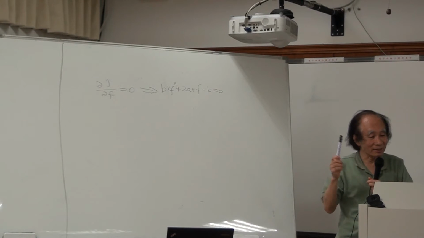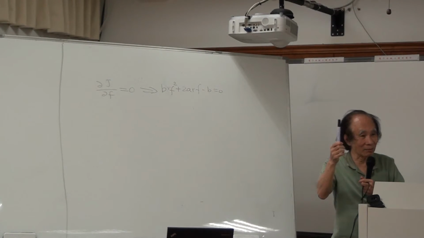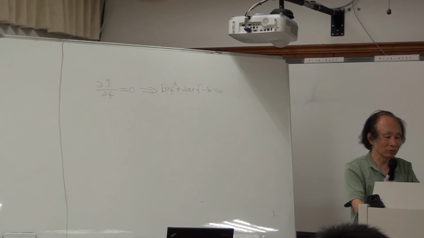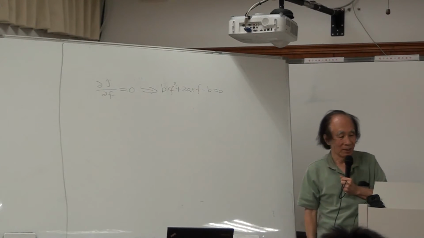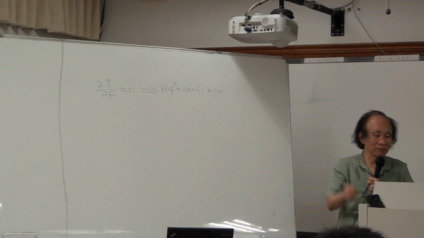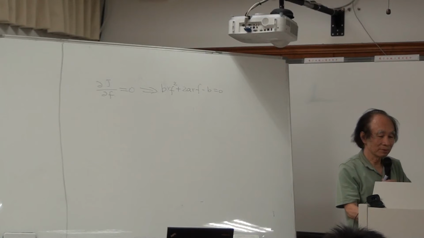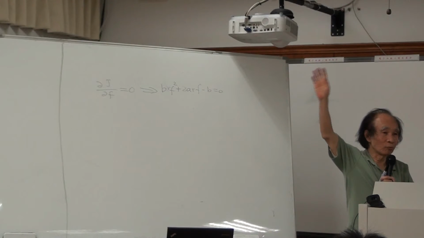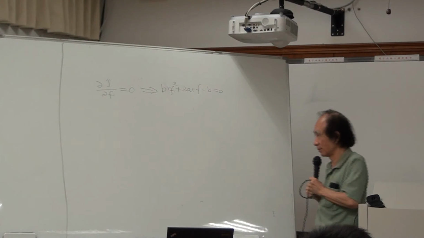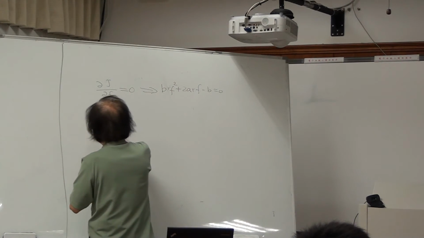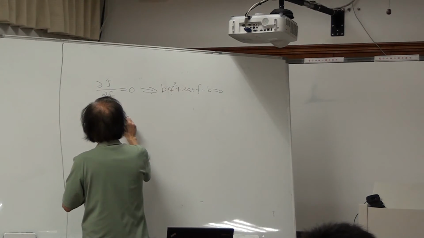So when A is less than 0, that means the system is stable, and R goes to infinity, then both solutions become like this. In the plus sign, F equals, when r goes to infinity, this term equals 0.